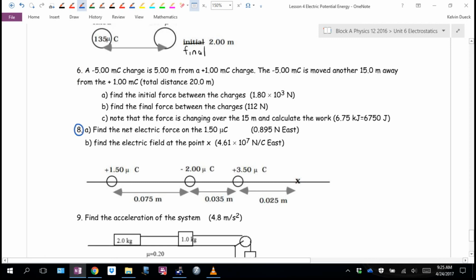So 8 is a nice test question, written question. If you're asking, what could I give you on a written test? Hey, how about 3 charges like that and say, find the net electric force on one of them and then find the net electric field at point X. For all of these, you're going to have to add them vectorially, but they're in a nice straight line, so instead of going tip to tail, you can at least go winner minus loser. Okay?